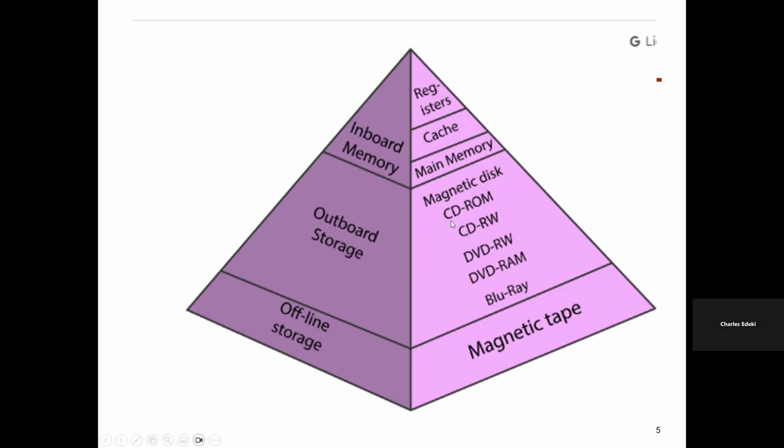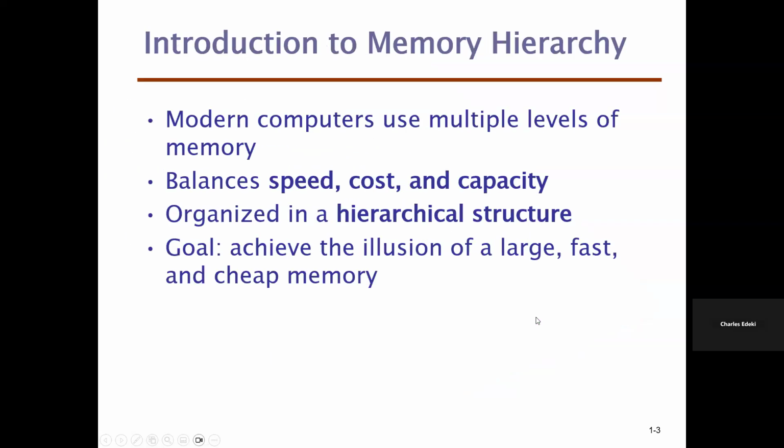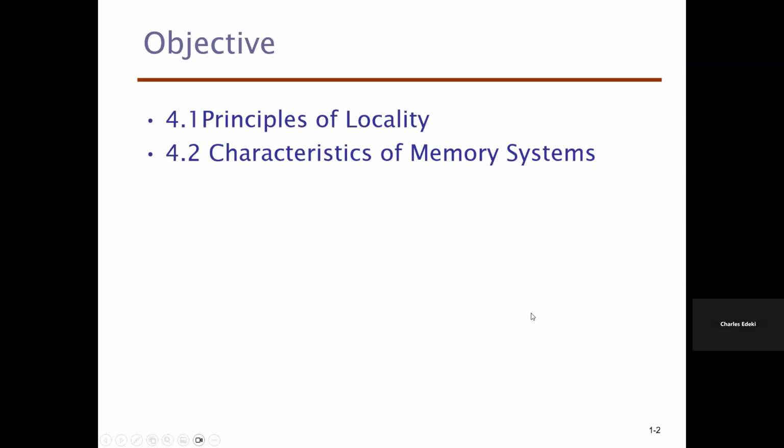Normally the CPU cannot access data from storage directly. Data must be loaded to memory, either main memory, cache, or register, and then it can be accessed. When we look at the pyramid, the slowest or less expensive memory is the main memory. Then we have the magnetic tape, which is the cheapest.